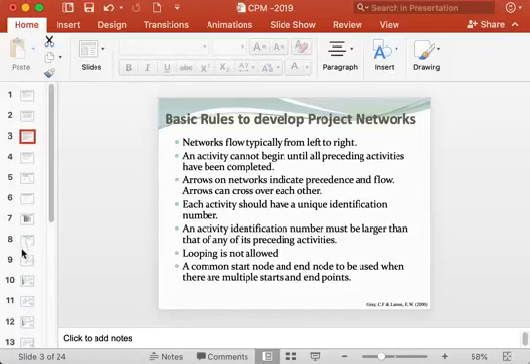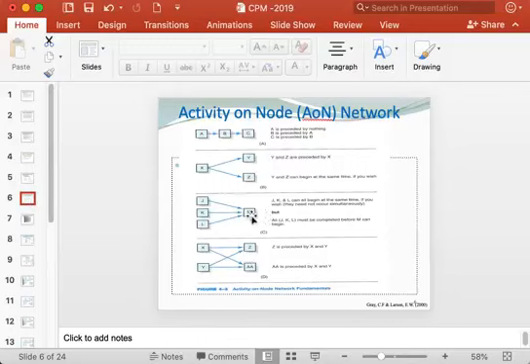So if an activity, for example activity M here, is to start, then all these three activities J, K, L must be completed.